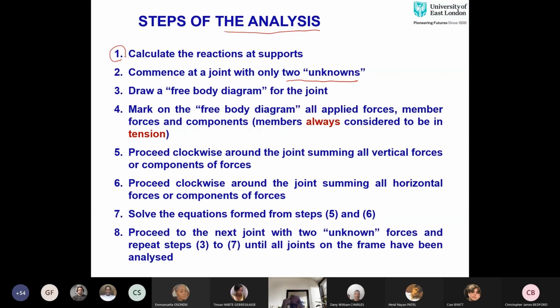The fourth step is to mark the free body diagram with all applied forces and components, and then proceed clockwise around the joints, summing all the vertical forces and then all horizontal forces, and solve the equations in steps 5 and 6. And the final step is to move to the next joint with unknown forces.